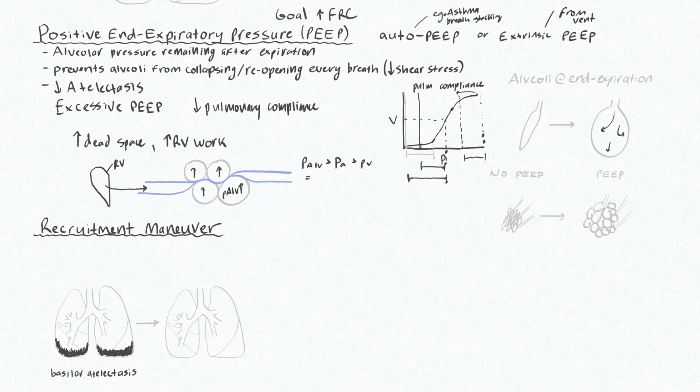And this is the definition of zone 1 of the West zones, which is dead space. The pressure in these alveoli is so high that we can't get any blood flow through this point.